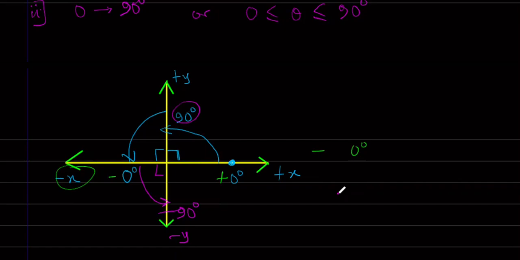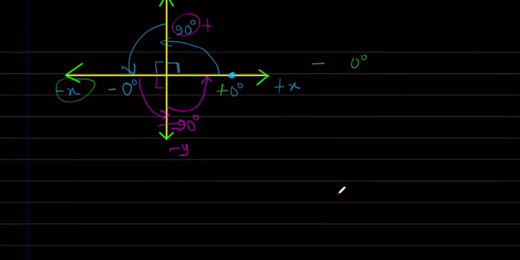The 90 that we have on the positive y-axis is going to be positive because it is located on the positive y-axis, while the 90 that we have on the negative side of y is going to be negative. So in this case, we are able to maintain the values from 0 to 90 degree. Then from negative y-axis, we move to positive x-axis, then we return back to a 0 degree.